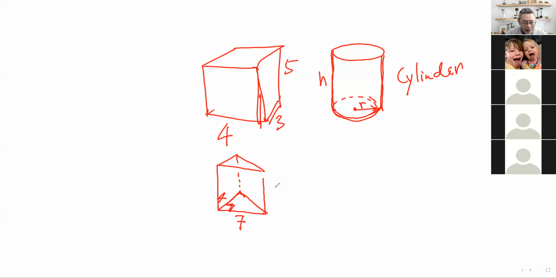Our height is 6. So what is the volume of this triangular prism? Still base area times height. Volume is the base area times height.